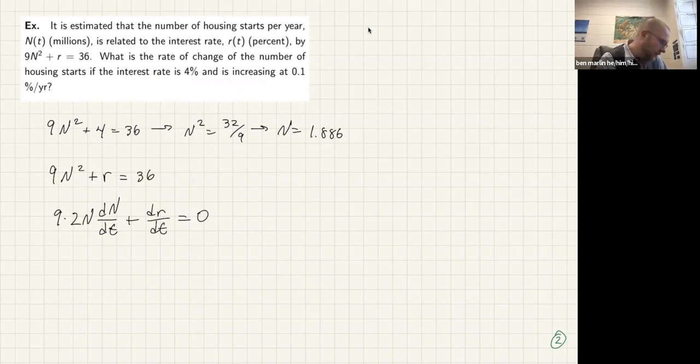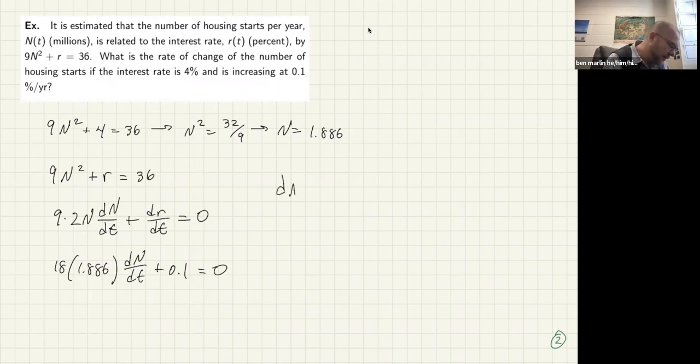Okay, so we have 18 times 1.886 million and so on, dn dt plus the dr dt, it said was increasing at 0.1% per year, and we want to set this equal to 0 and solve.